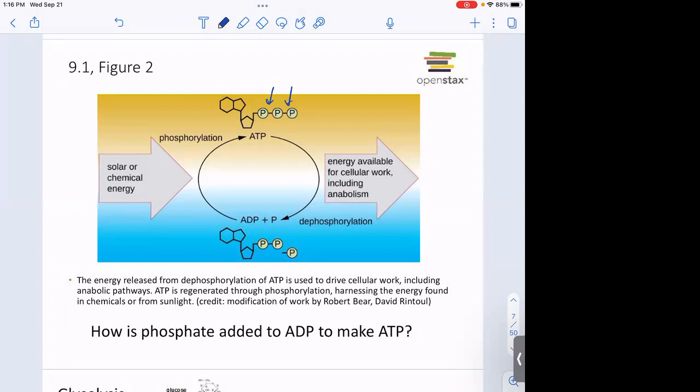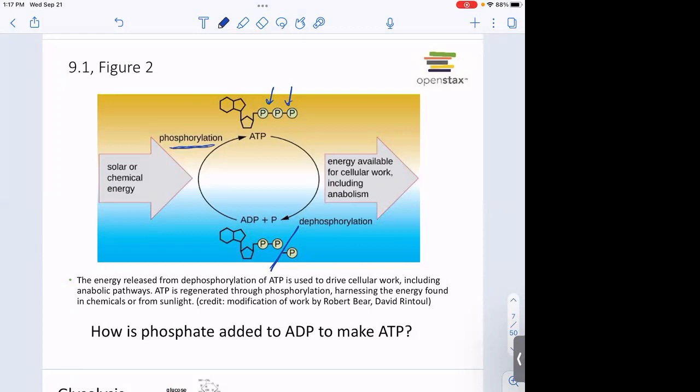And when you add a phosphate, it's phosphorylated. Back to ATP.